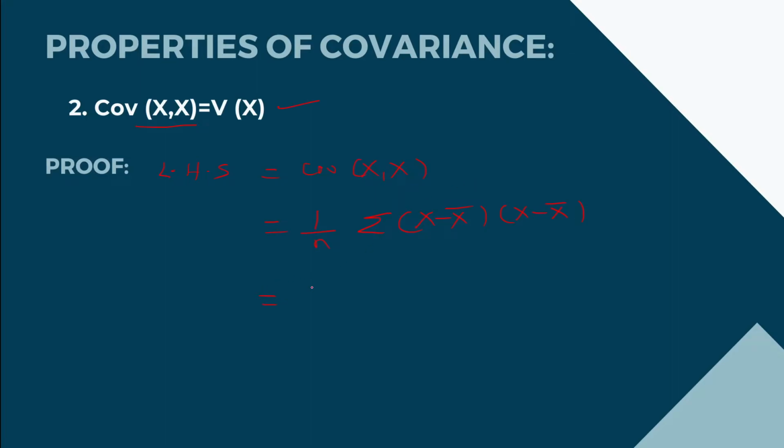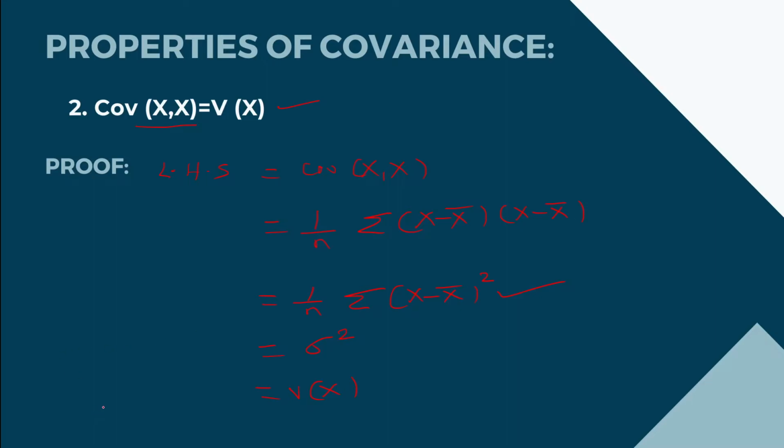So it is equal to 1 upon n summation x minus x bar whole square. We know that this expression is nothing but the formula of variance sigma x square, which is nothing but variance of x. Hence covariance between x and x is the variance of x.